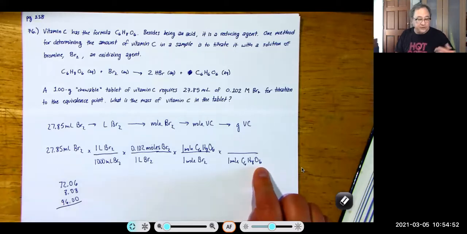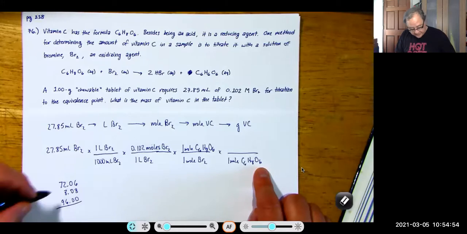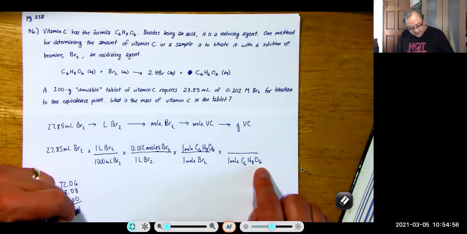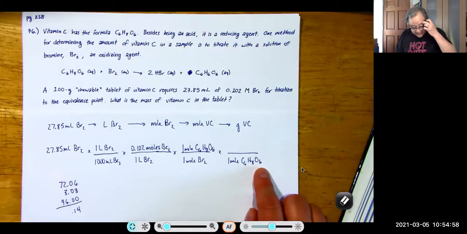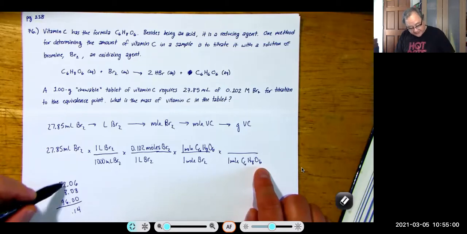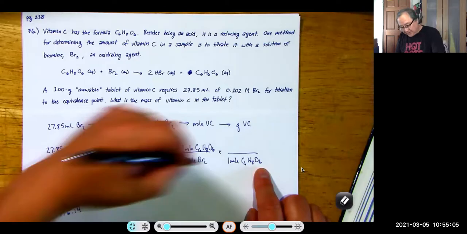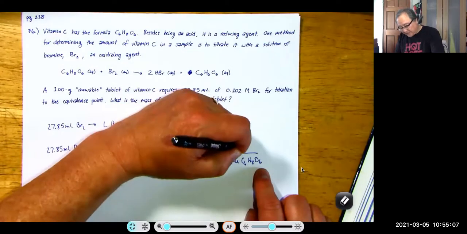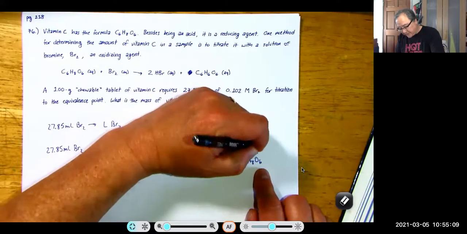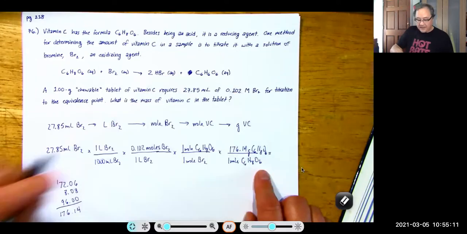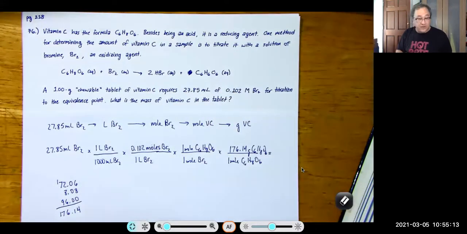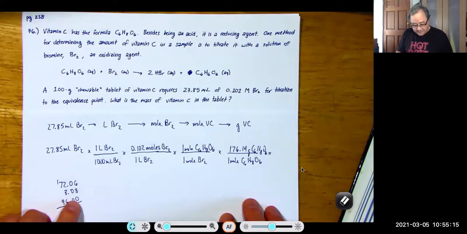So 32, 32, 32 is 96. So here we get 14 there, 10, 6, carry the 1, and we get 176.14 grams of C6H8O6. And I'm going to estimate the answer to make sure I don't mess up with my calculator.